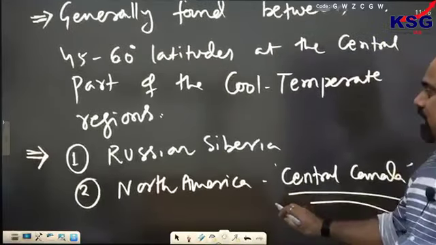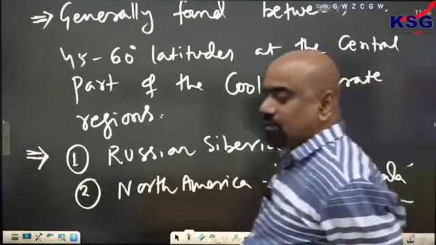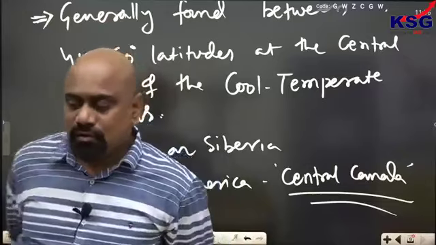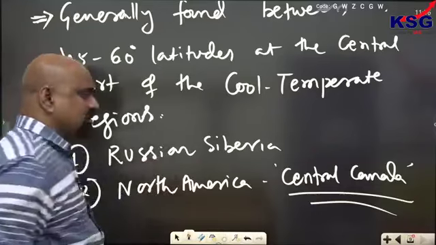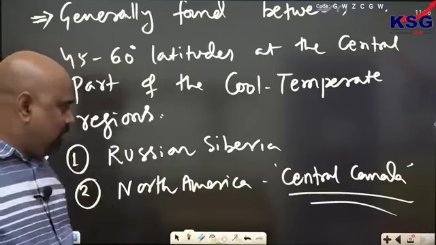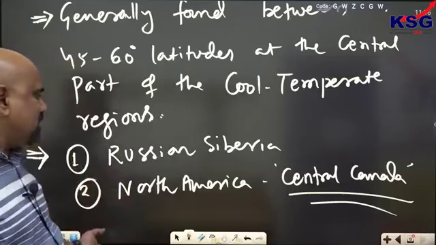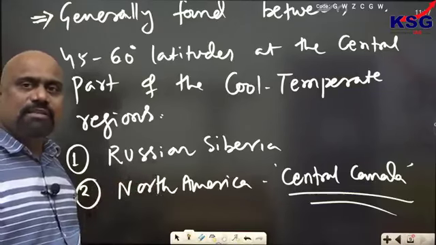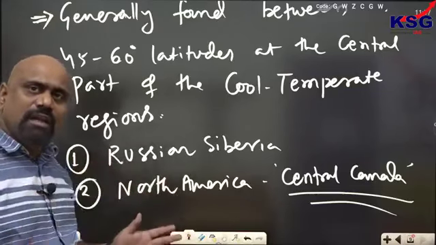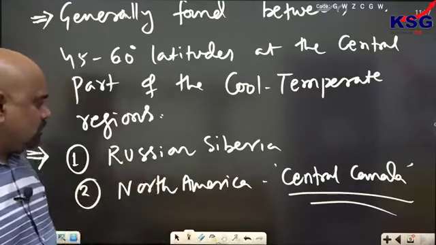Remember, the Siberian climate is not found in our southern hemisphere. Why will you not find it in the southern hemisphere? You will not find this in the southern hemisphere because of the absence of vast continental area at this latitude.